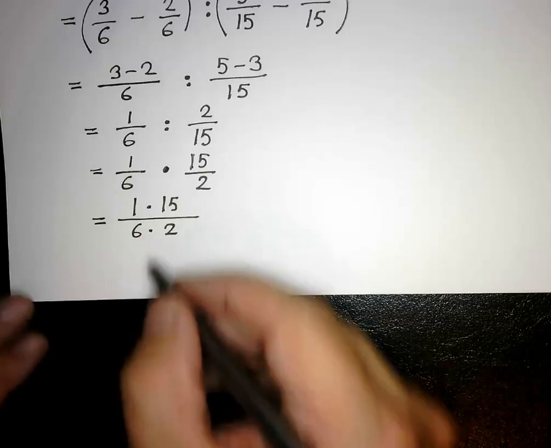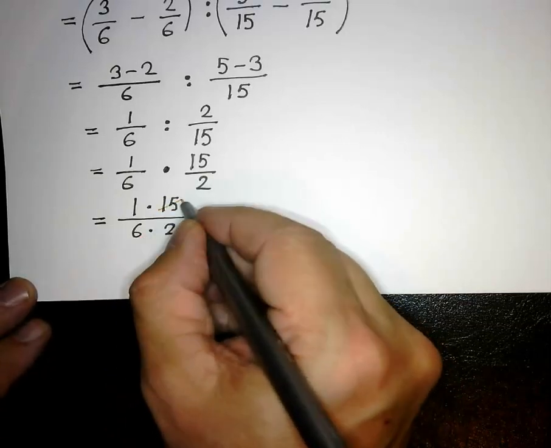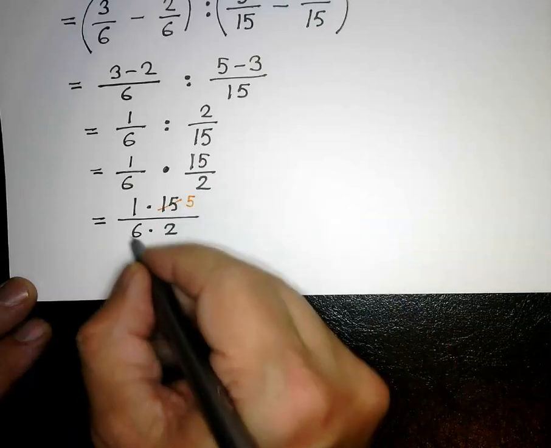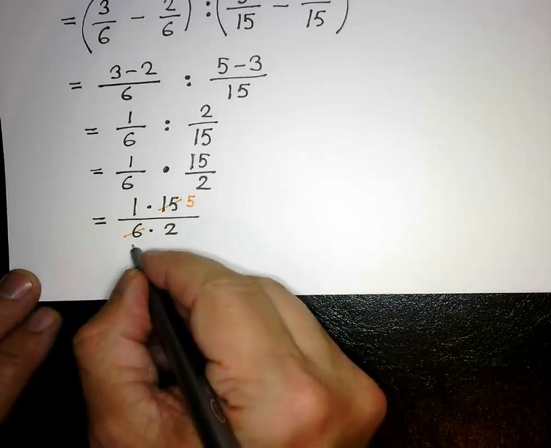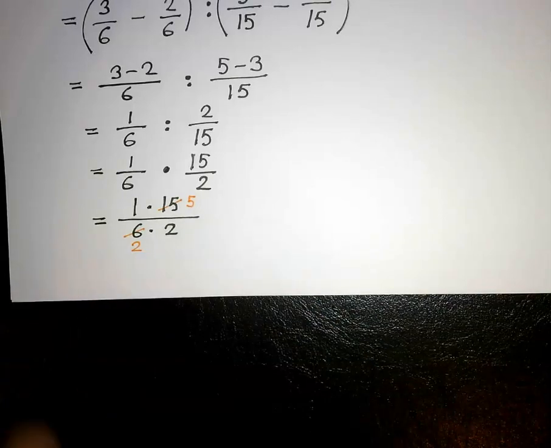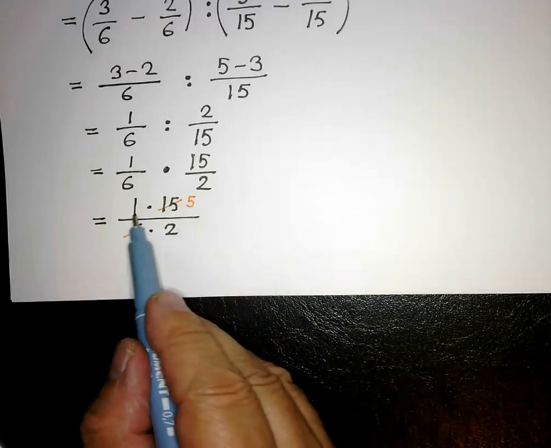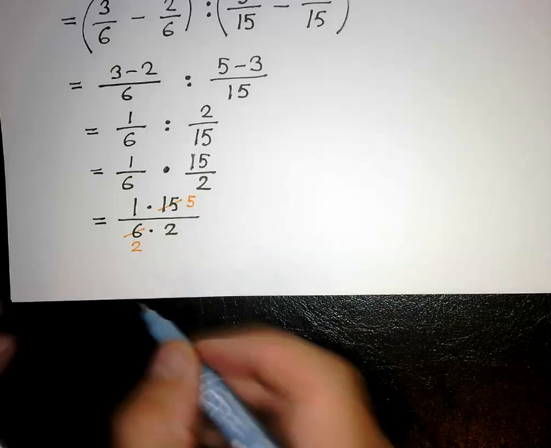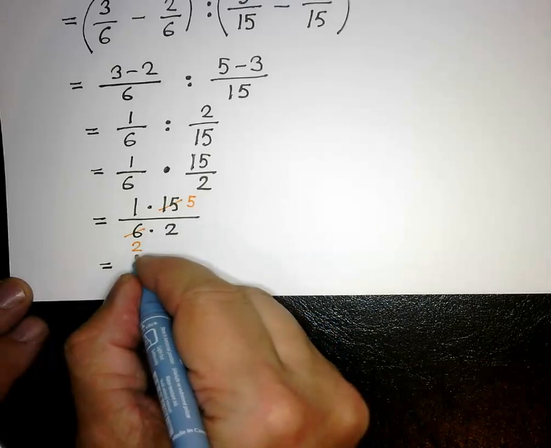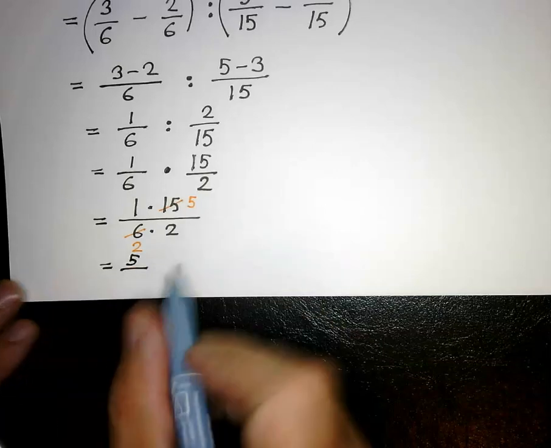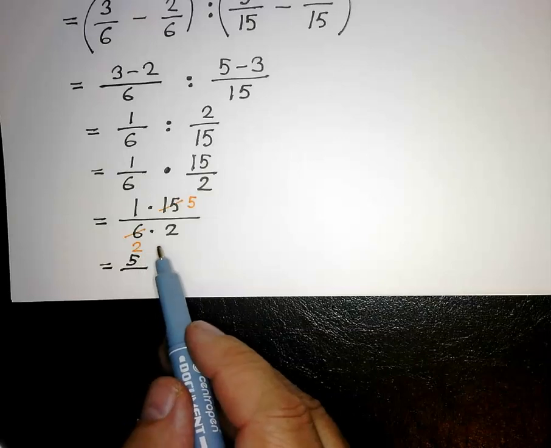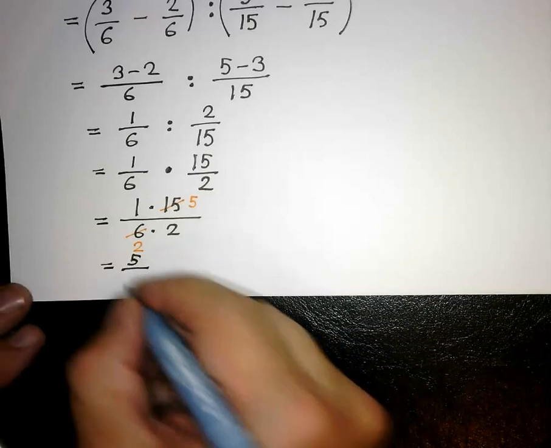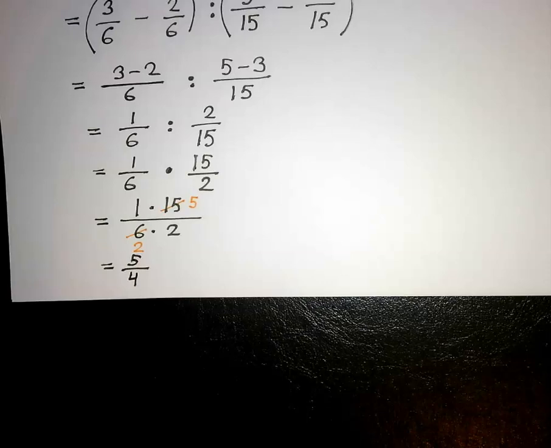So I can divide this 15 by 3, it comes 5, and I divide this 6 by 3, it becomes 2. So I will have 1 times 5 in the top part, so it will be 5, and in the bottom part there will be 2 times 2, it will be 4. So it will be 5 divided by 4.